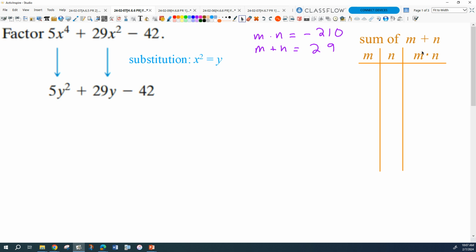Okay, so then we want to find some numbers that add to 29 and multiply to negative 210.